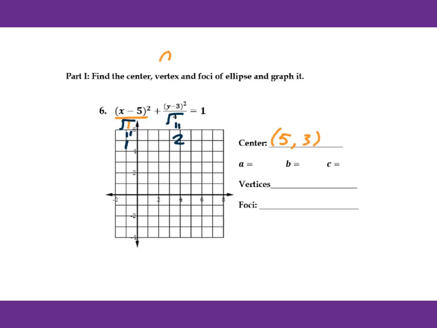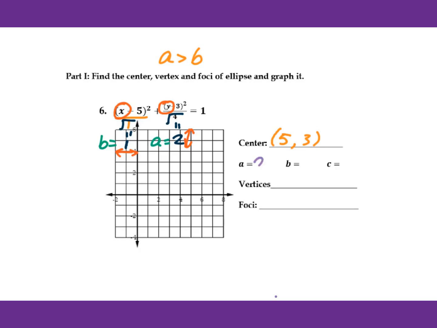For ellipse, A always greater than B. Therefore, A equals 2 and B equals 1. Then look at the arrow. Since A is below y squared, therefore vertically moving. For B is below x squared, therefore is horizontally moving.